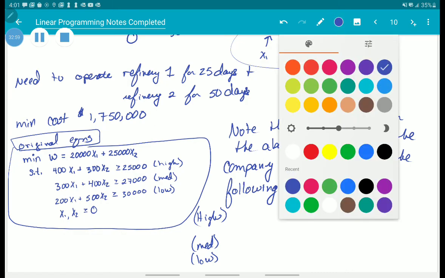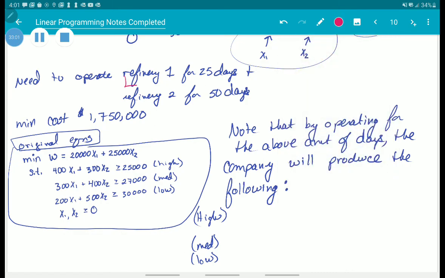This is where we're going to substitute in for refinery 1, that was our X1, 25, and refinery 2, that was our X2, 50, into those constraints. So we have 400 times 25 plus 300 times 50. And that's going to equal 25,000.